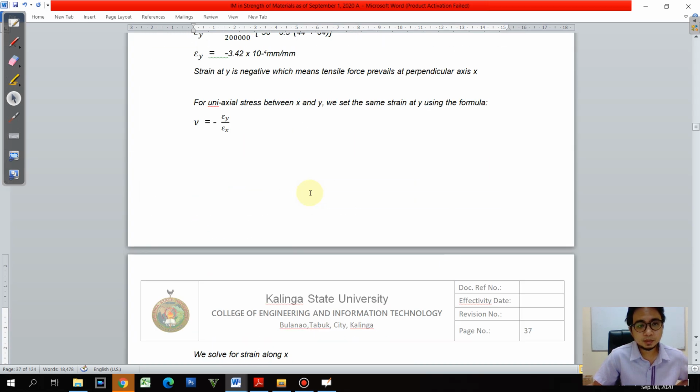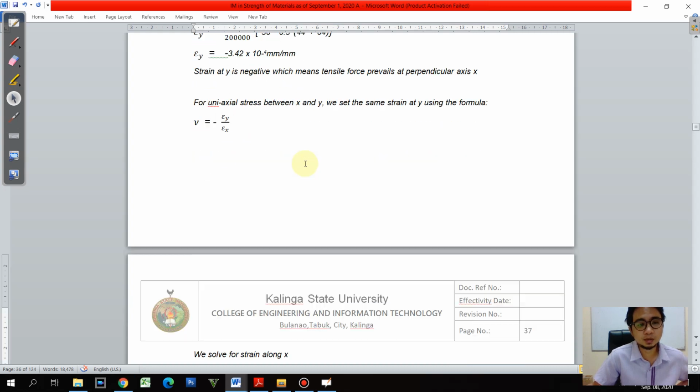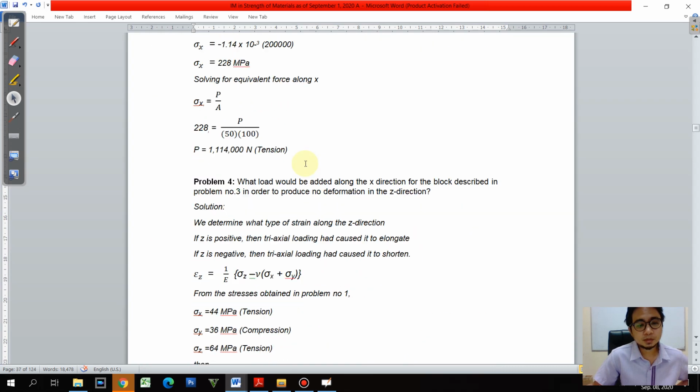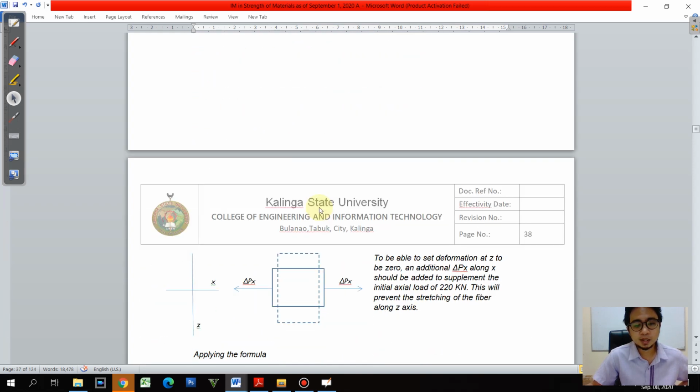Earlier it was negative. Okay? When it is negative, it will compress, so the y-axis is just compressed or shortened. So going back to this, we have the strain at z is 3.08 times 10 raised to negative 4 millimeter per millimeter. So the result is positive, which implies stretching of the fiber along the z-axis.